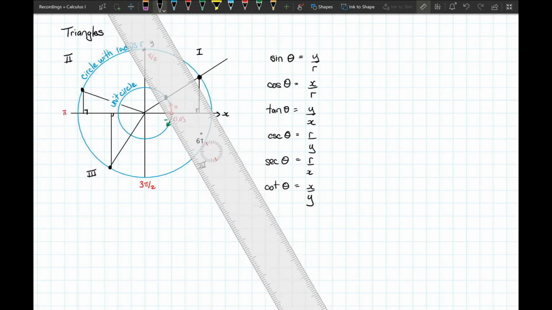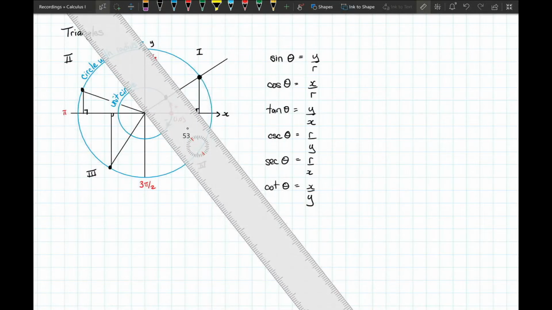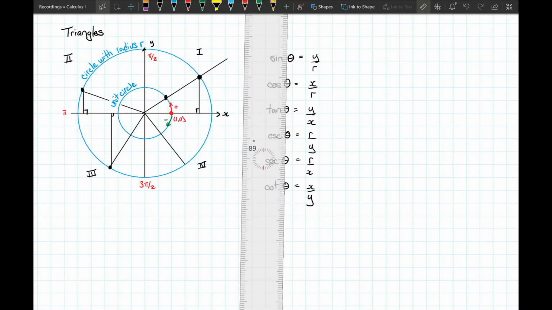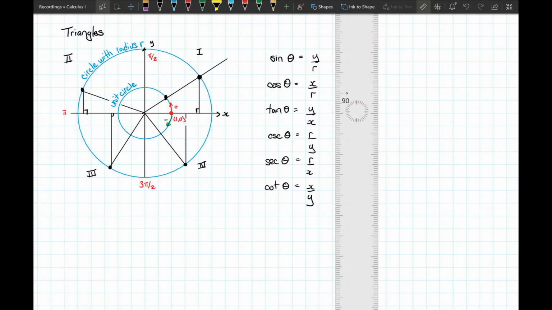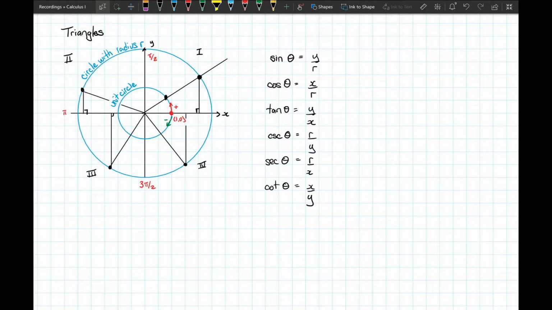And in quadrant 4, somewhere between 3 pi over 2 and 2 pi, we're back to connecting that terminal point to the positive x-axis. And so you can see that as you travel around the circle, any terminal point can also be forming a triangle with the x-axis.